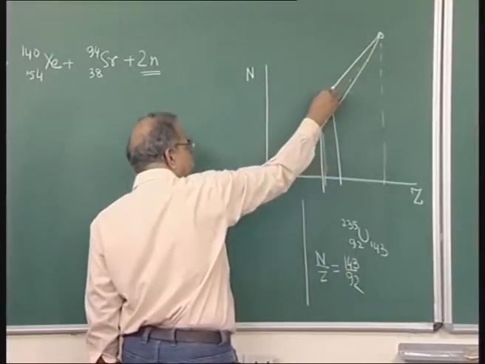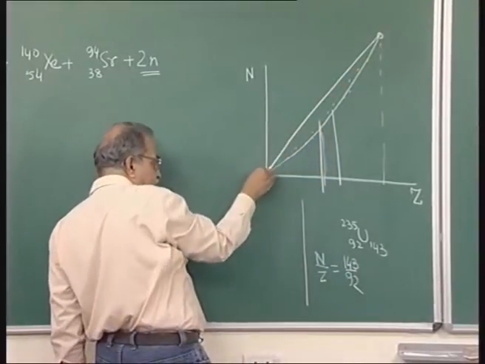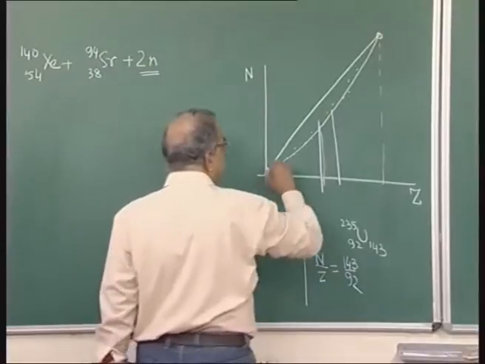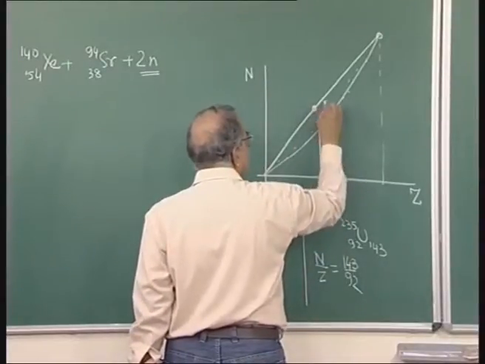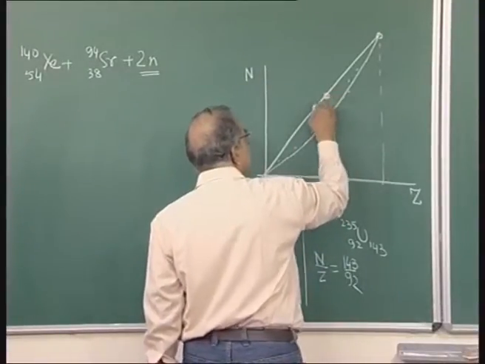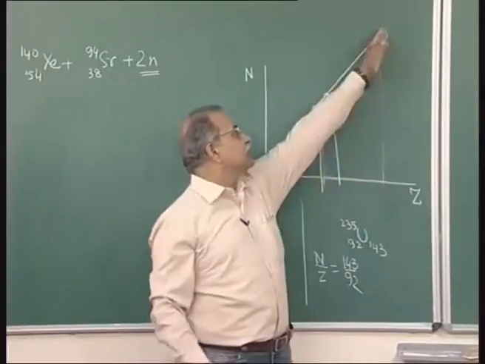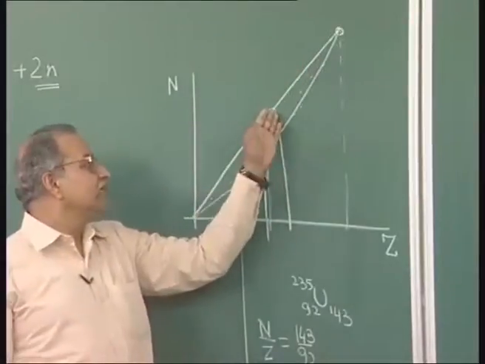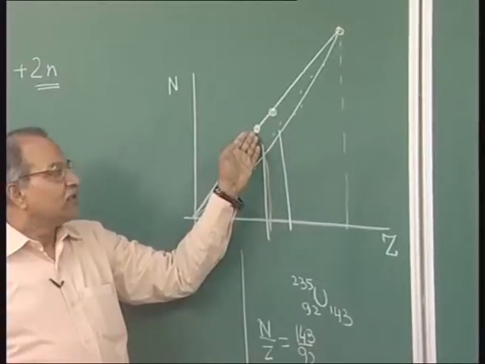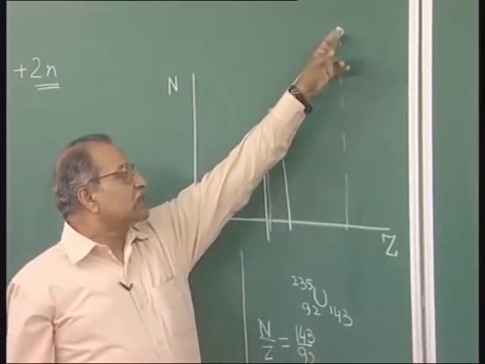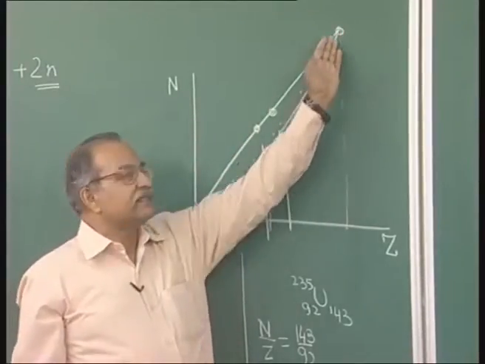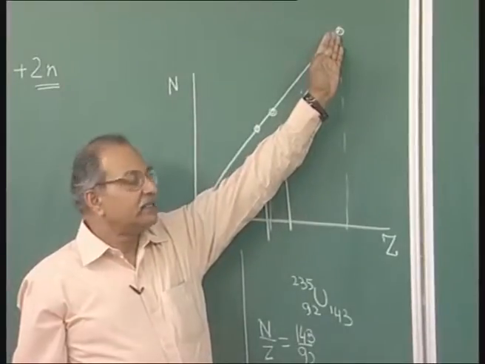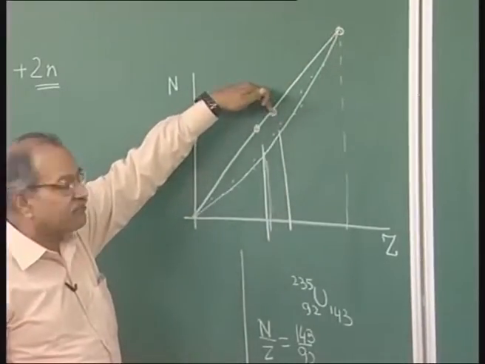So if I draw this straight line passing through the origin, then the ratios of the fragments will be just the same as the ratio here, N by Z here, N by Z here, N by Z here. But this is on that stability line, the beta stability line, while this is much above.